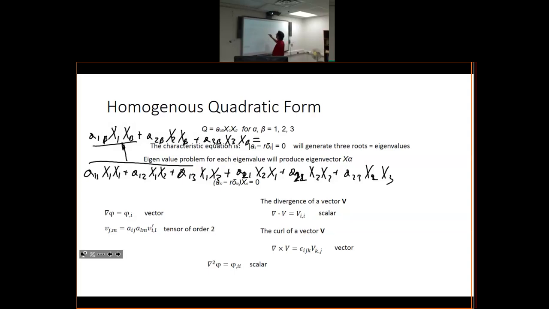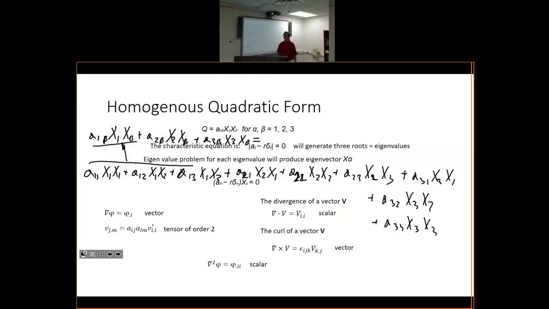These three terms are from the second term, and summation of the a31 x3 x1 plus a32 x3 x2 plus a33 x3 x3.